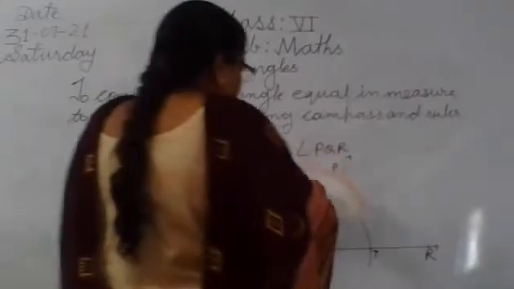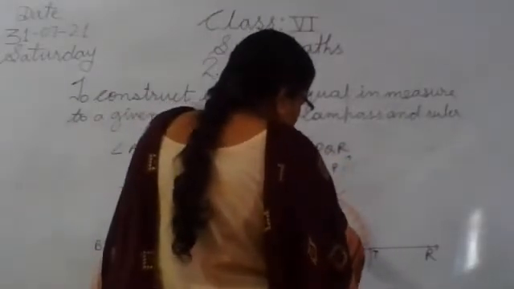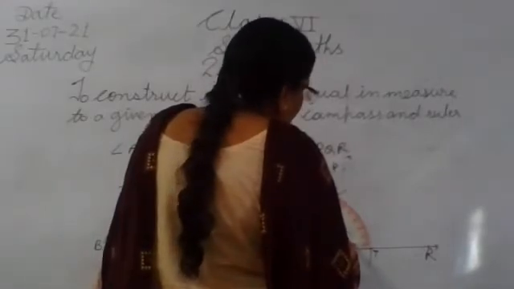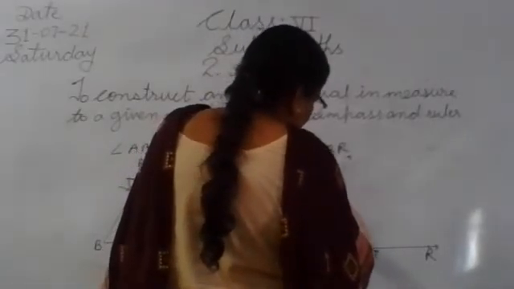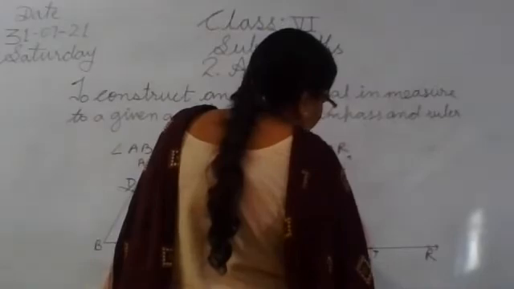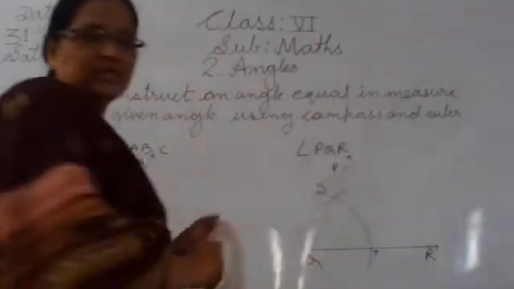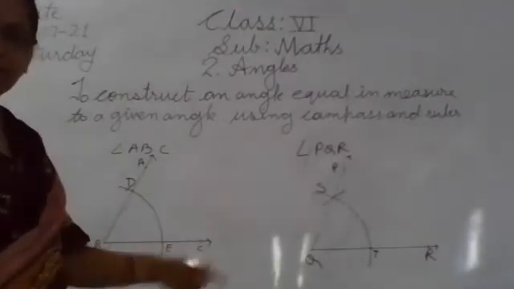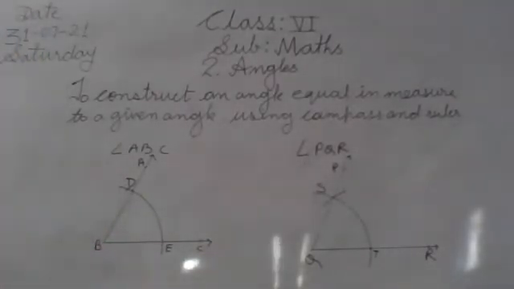Now place the pointer on Q, match the baseline and ray QR and see, beta. The angle is of 60 degree. So in this way, we will construct the given angle and its copy.